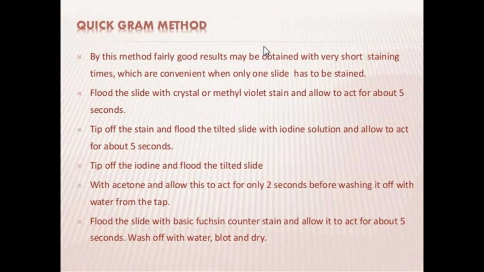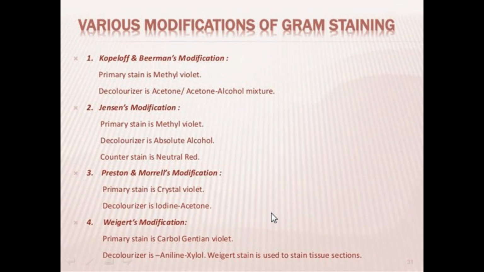First add the primary stain for about 5 seconds, and next iodine solution for about 5 seconds, then it is washed with water, then decolorizing agent for 2 seconds, then it is washed, and then the counter stain is added, and that gives the observation.